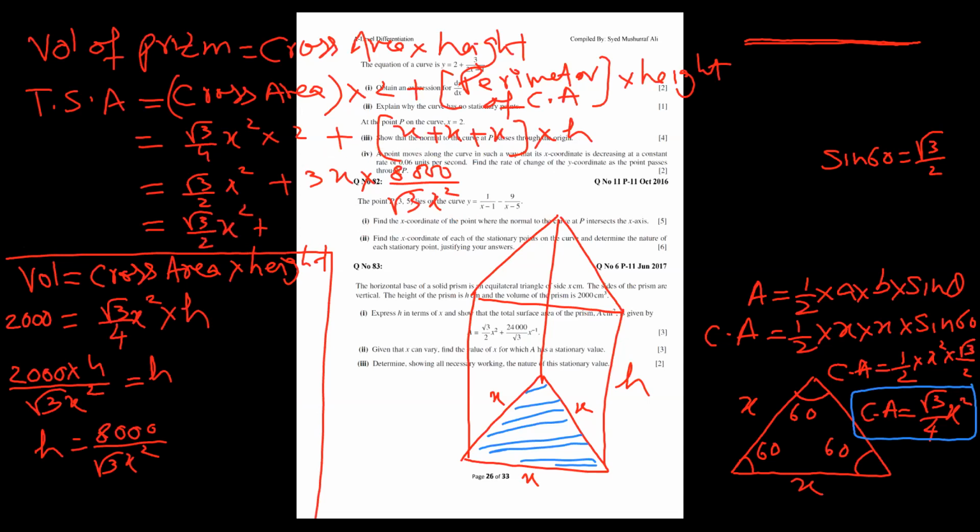Now look here. 3 times 8000 very clearly becomes 24,000. So I have matched this one also. 24,000 divided by root 3. Now you ask, sir, how to make it x to power minus 1? What is upper power 1 and what is down power 2? So x to power 1 and x to power 2. Common sense: if I bring it into the numerator, x to power 1 minus 2 becomes x to power minus 1.